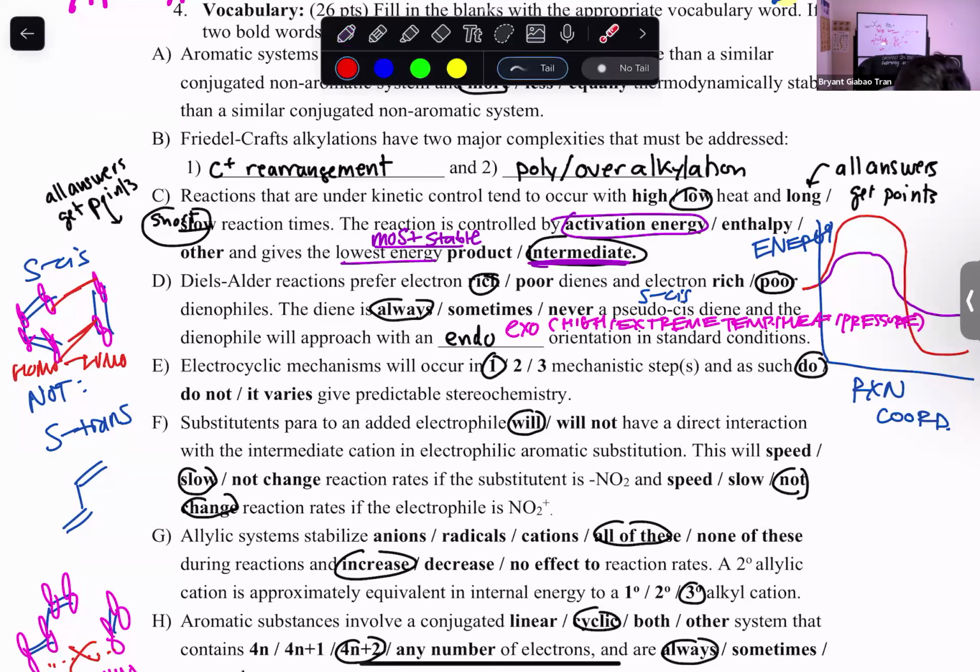Where we see the allylic carbocations are the most stable because they can do resonance, right? Okay. A secondary allylic carbocation is way more stable than a primary and secondary carbocation that cannot do resonance, right? So it's on par or even better than a tertiary alkyl cation that cannot do resonance.